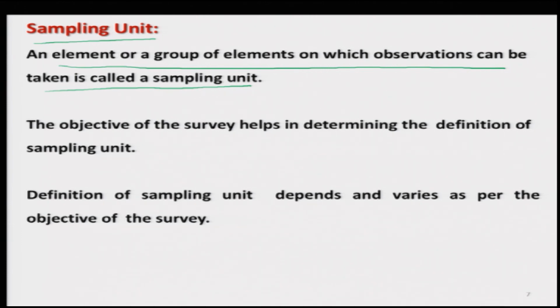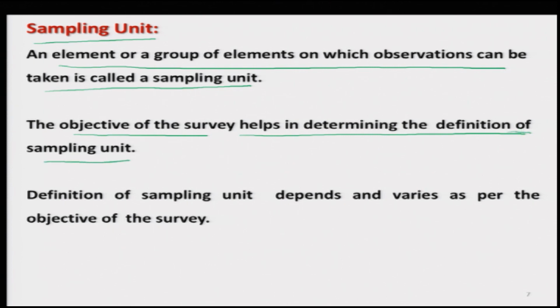because in any survey the objective is that the survey helps in fulfilling the objective of the study, which can be done after determining the definition of the sampling unit.